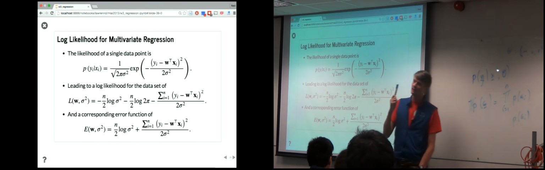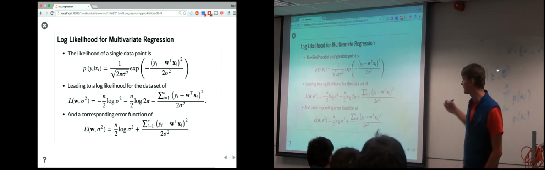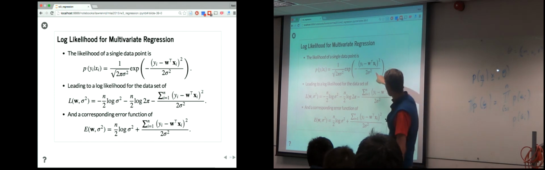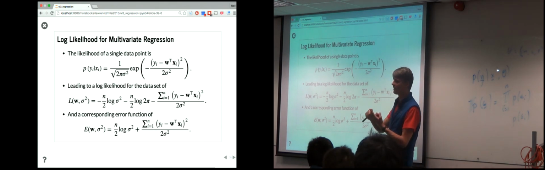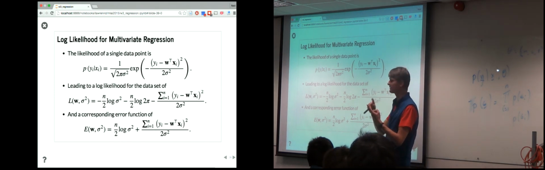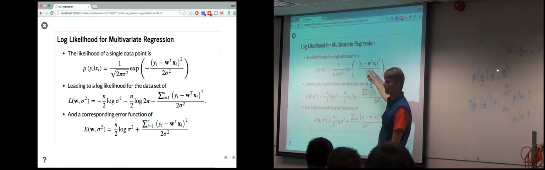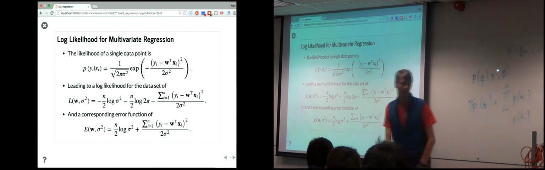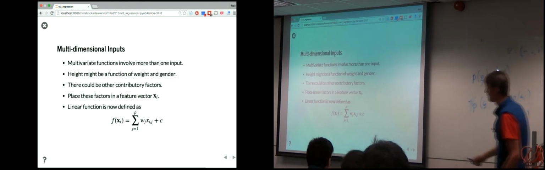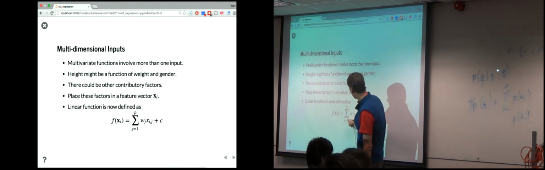Now notice that what we did before is a special case of this, because the special case is where x is two-dimensional, x1 is our old x, and x0 is just 1. And w1 would be m and w0 is c. Going back to this formula here, it's perhaps clearer to see that in the sum form. Before we had mx plus c.